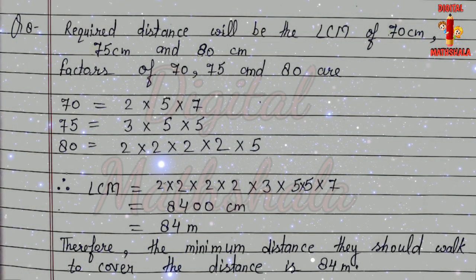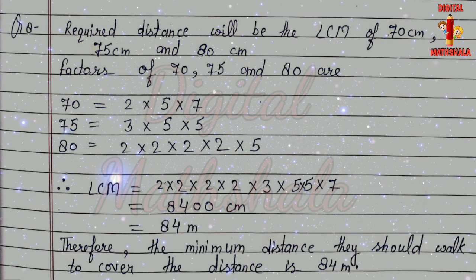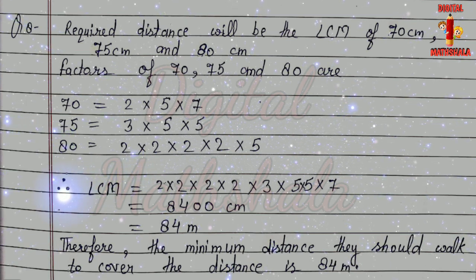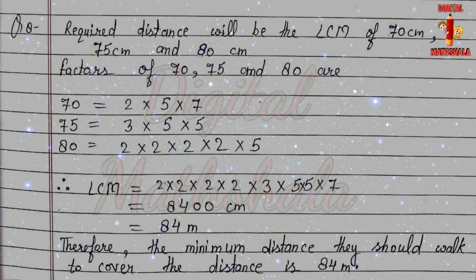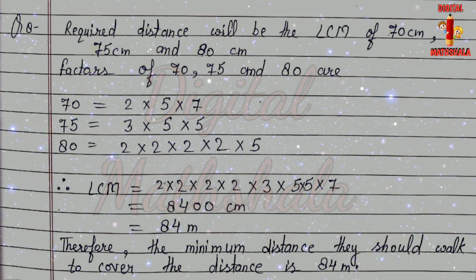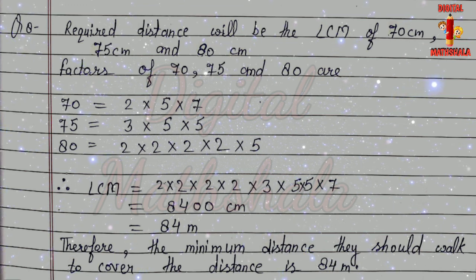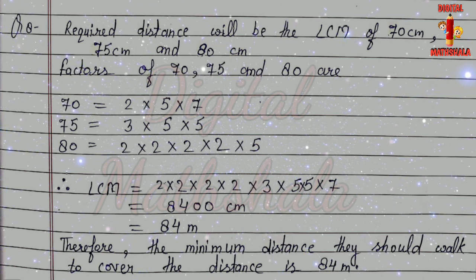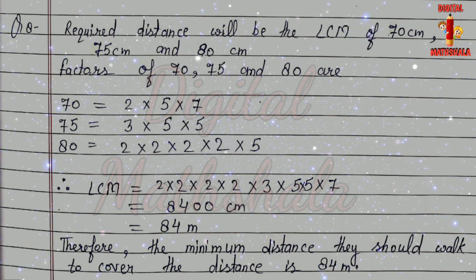So now in this question, first of all we will find the prime factors of the given three numbers, that is 70, 75 and 80. So 70's factors are 2 multiply 5 multiply 7. 75's factors are 3 multiply 5 multiply 5. 80's factors are 2 multiply 2 multiply 2 multiply 2 multiply 5.